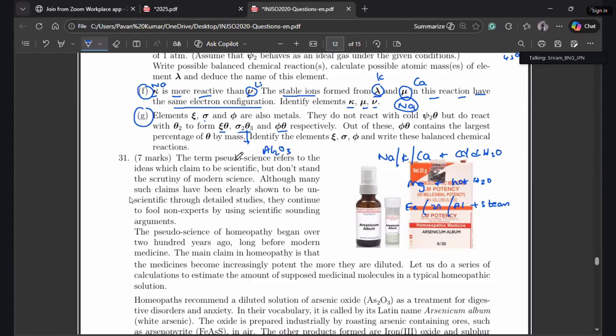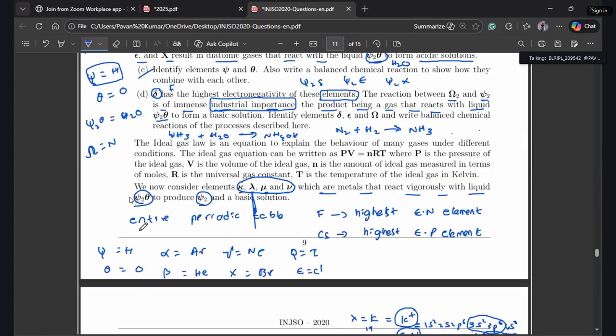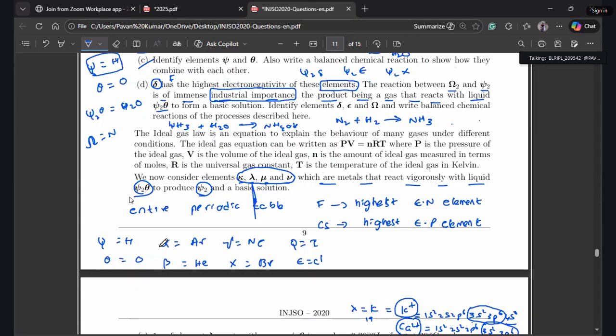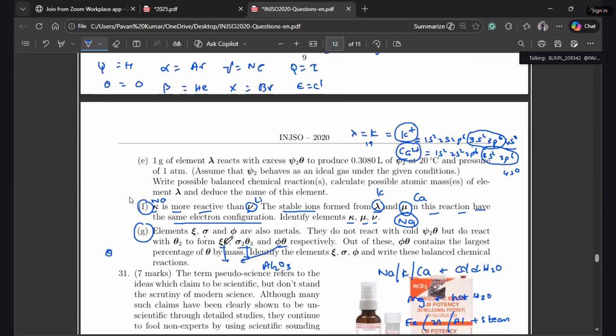Sir, phi is magnesium. These two are group 2 elements because of +2, -2, because theta is oxygen. See here, theta they have given as oxygen, correct or not? And they said epsilon theta. Epsilon theta means BeO, MgO.